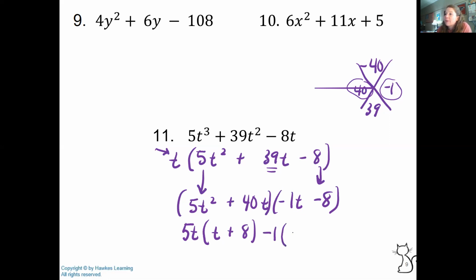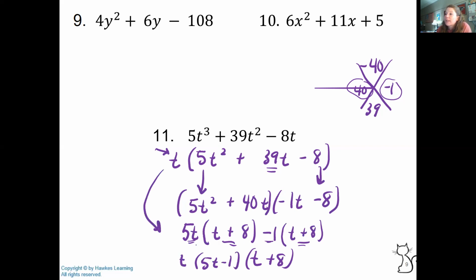A negative divided by negative is a positive. These two match exactly. So part of my answer is t plus 8. My other answer is 5t minus 1. And finally, I bring down that t that I pulled out at the beginning as part of my final answer. And there we go.